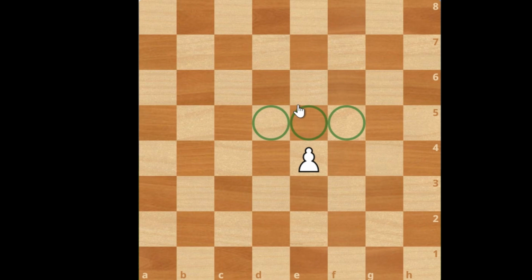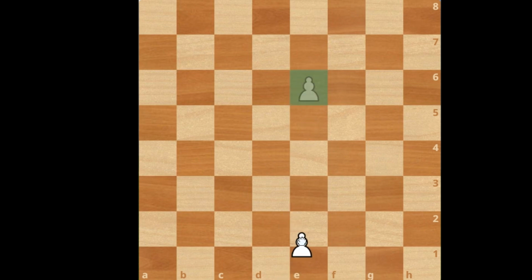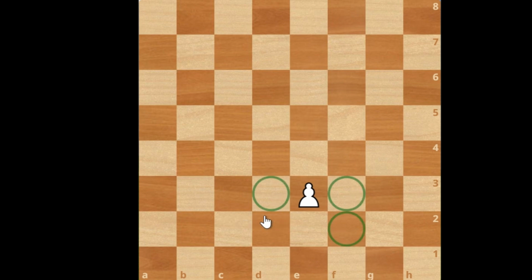And a pawn can't move sideways, to the side. It can't move diagonally backwards or straight backwards.